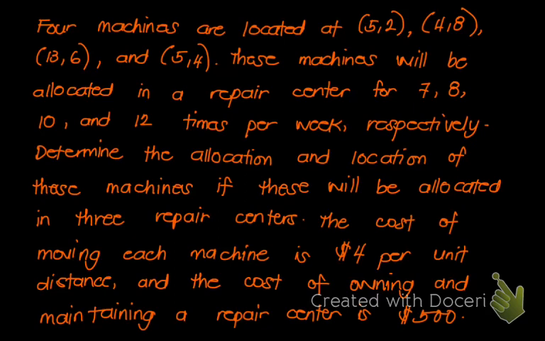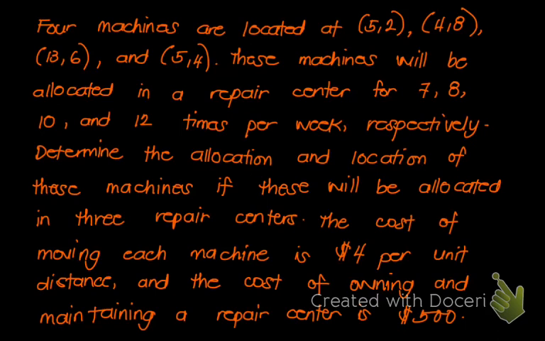Then, we want to determine the allocation and the location of these machines if this will be allocated in 3 repair centers. The cost of moving each machine is $4 per unit distance, and the cost of owning and maintaining a repair center is $500.